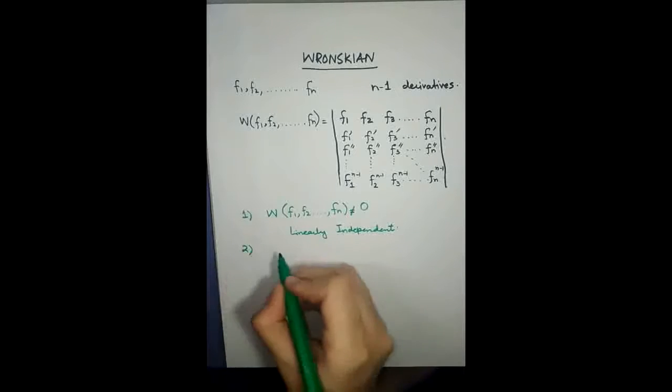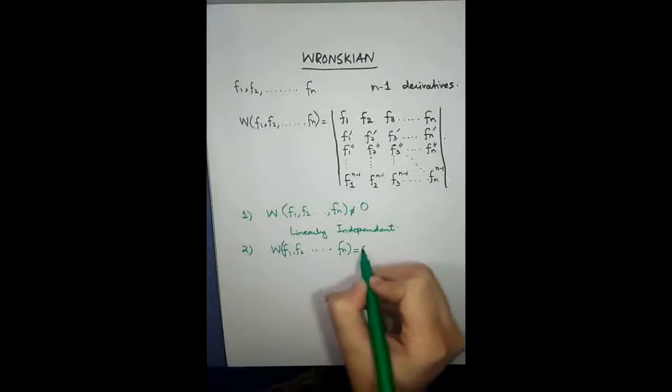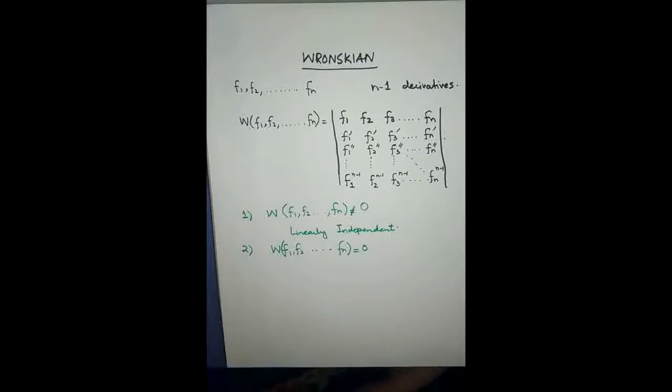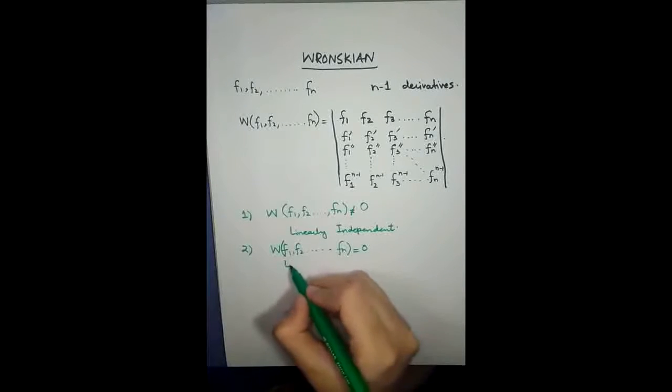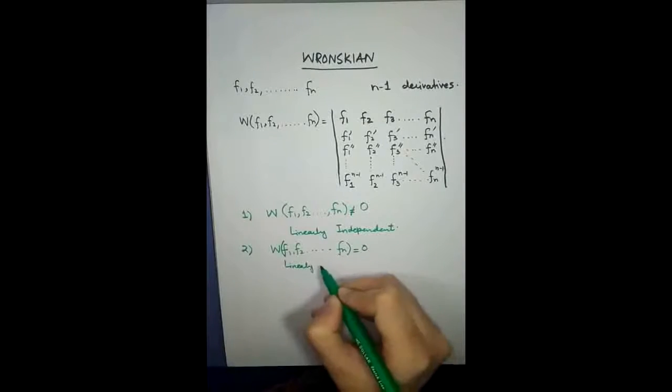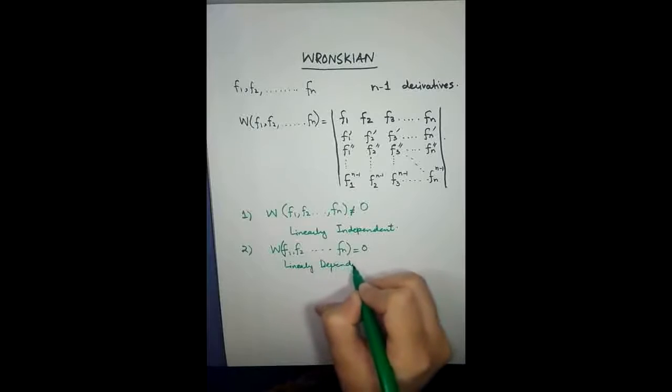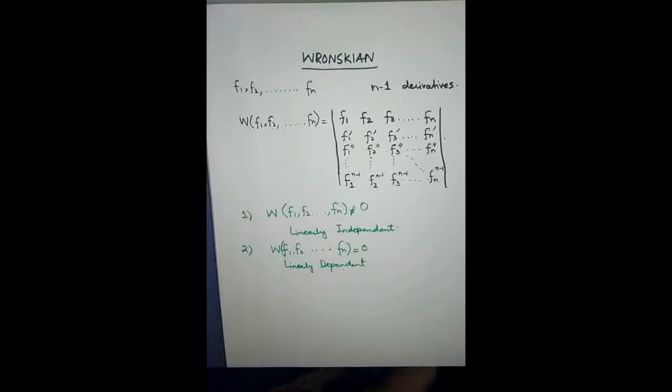And when this Wronskian is equal to 0, that means its determinant is equal to 0, then we say that these functions are linearly dependent. So it is a very easy technique to judge whether this linear combination is independent or not.